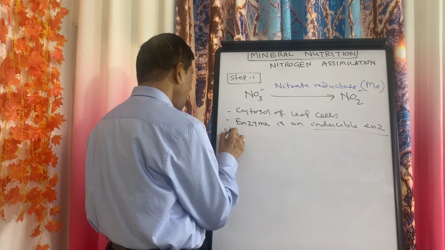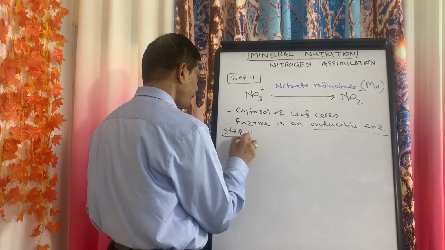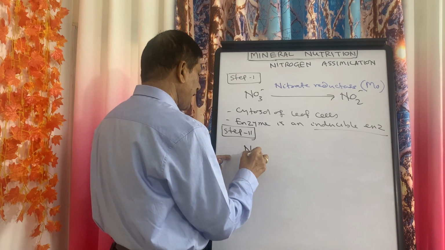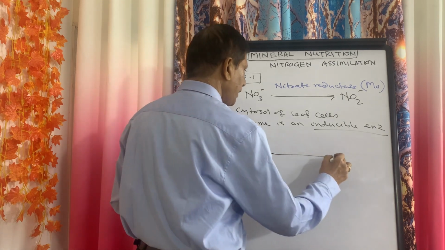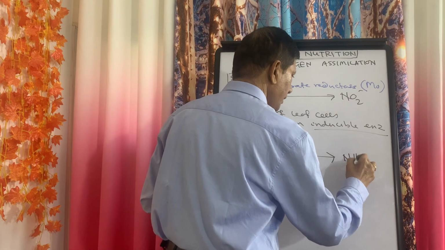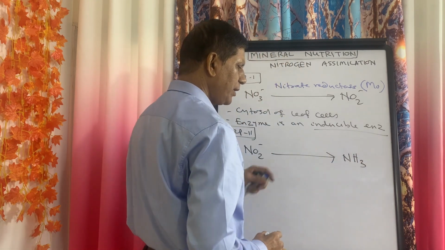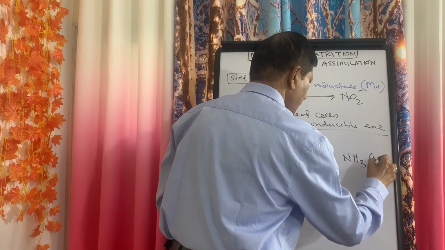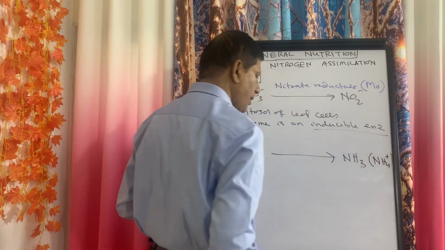In step 2, what happens? Now this nitrite will be converted to ammonia, or we can say ammonium ions also.